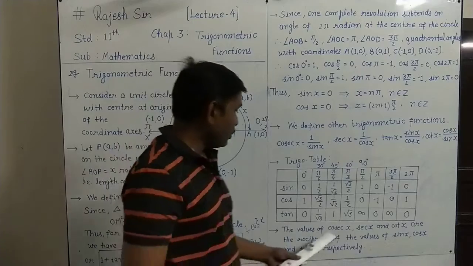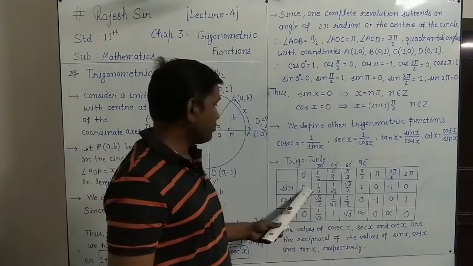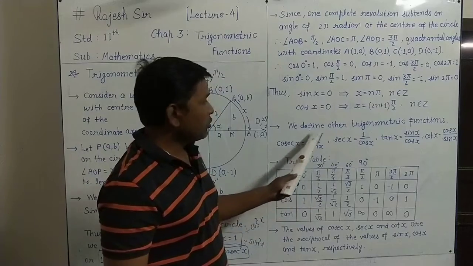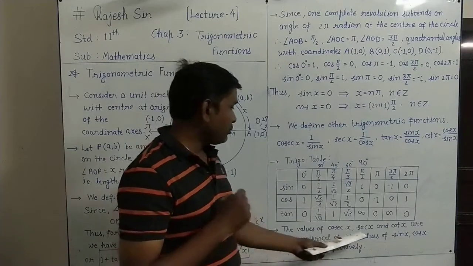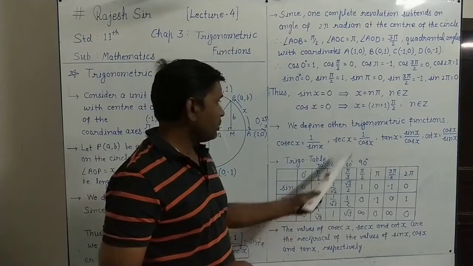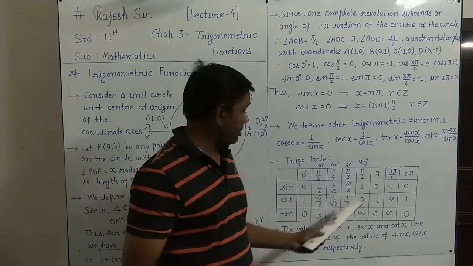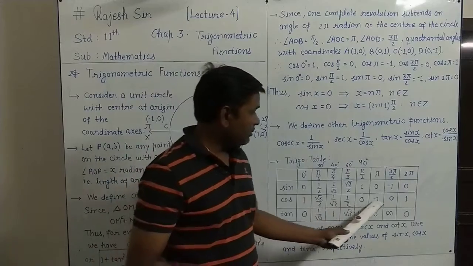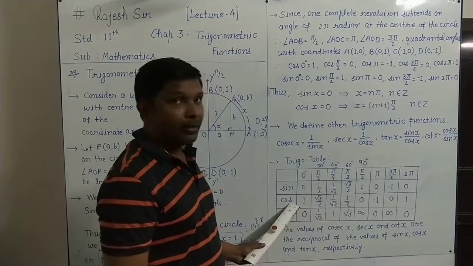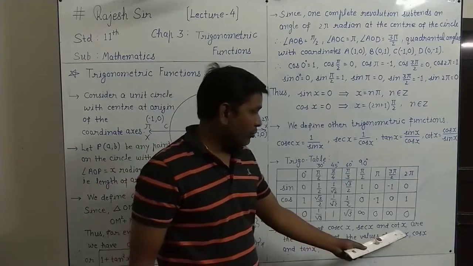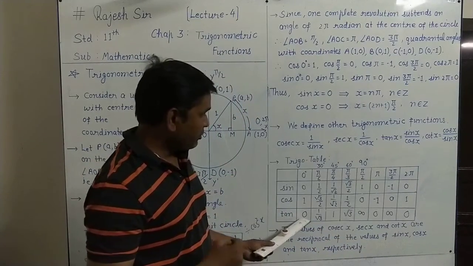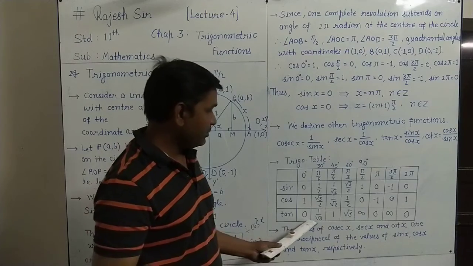To get the value of cosec x, we have to take the reciprocal of the sine values, because cosec equals 1 upon sin. To get the value of sec x, you have to take the reciprocals of the cos values, because sec equals 1 upon cos. If you take the reciprocals of all these values, at every angle you will get the value of sec. Similarly, to get the values of cot x, we have to take the reciprocals of the values of tan.